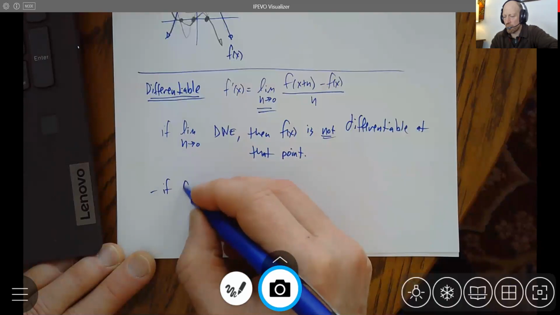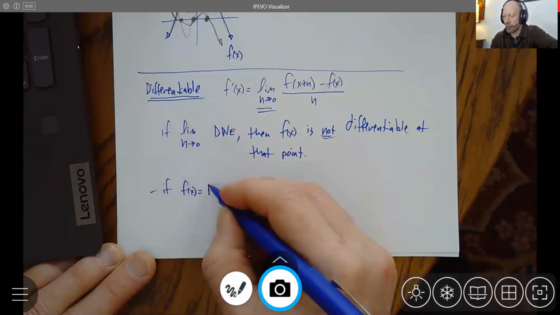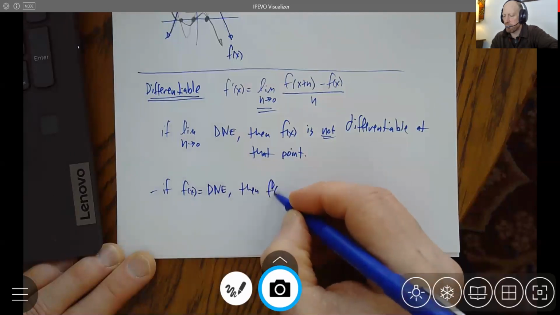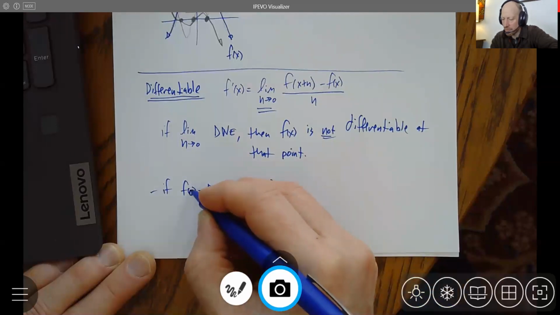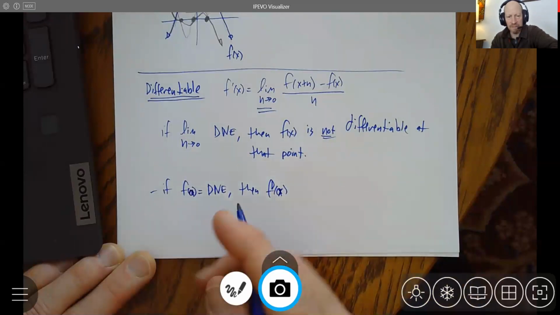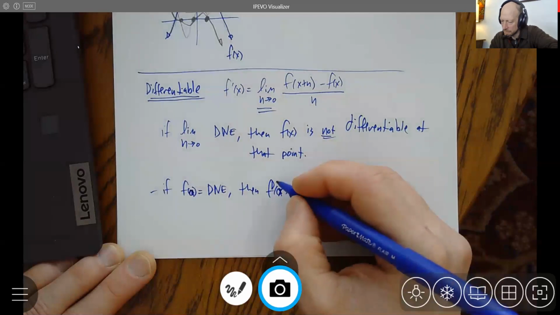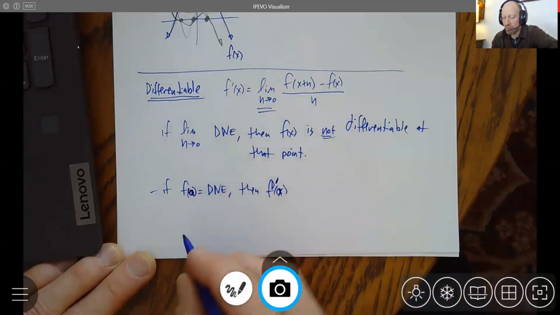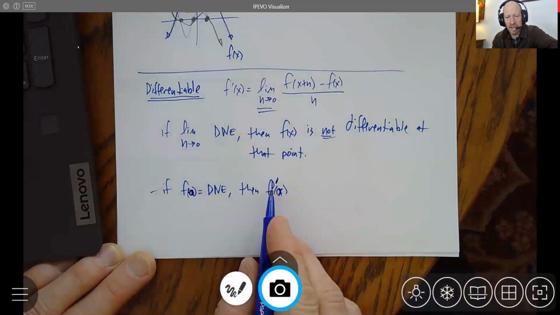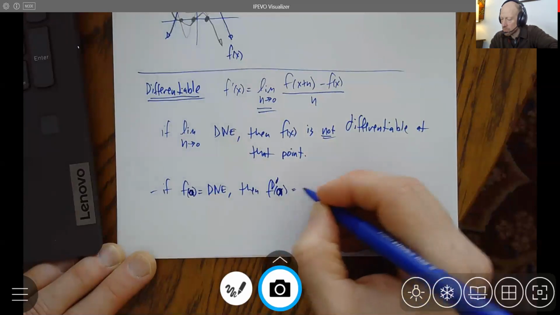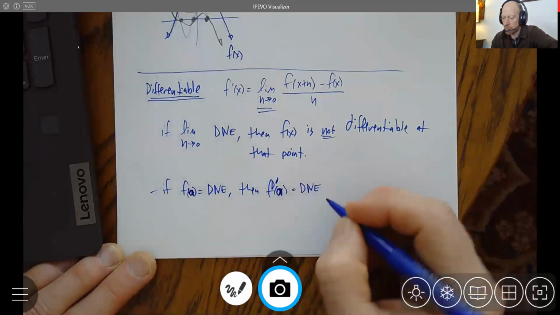If f of a does not exist, then f prime of a does not exist.